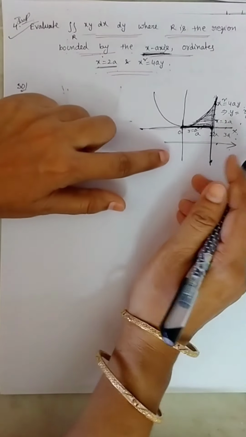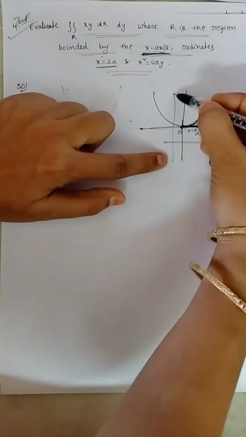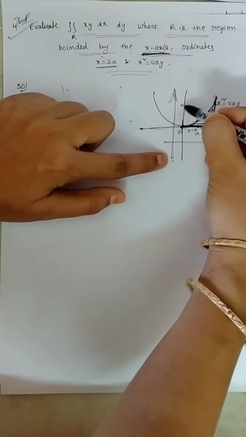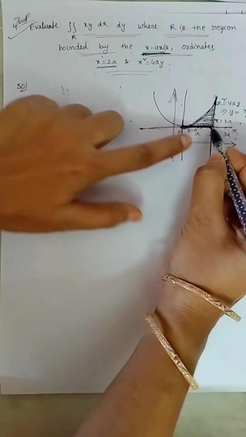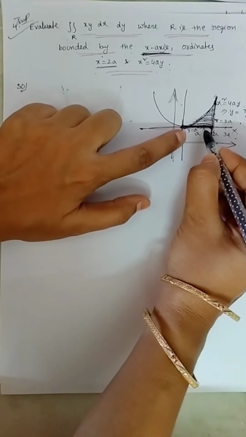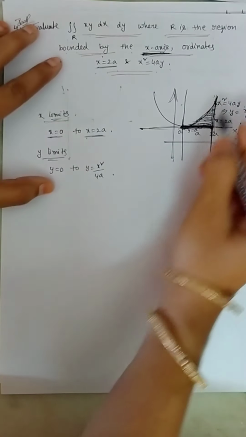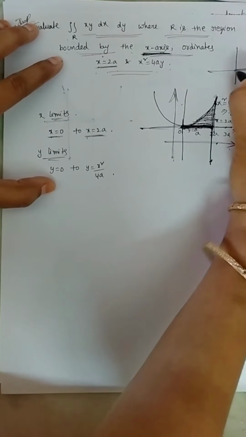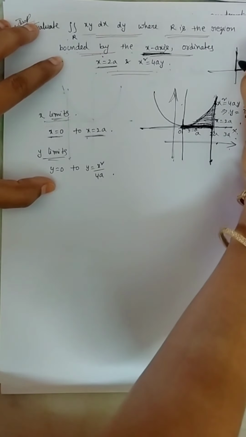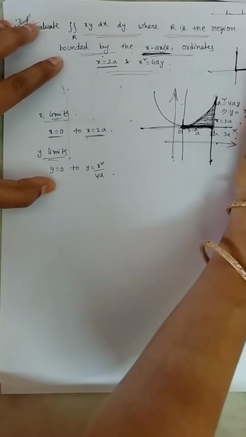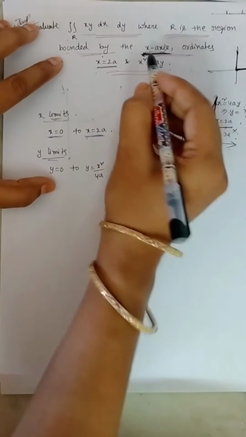Now for the y limits: y equals 0 is the x-axis, since the region is bounded by the x-axis.